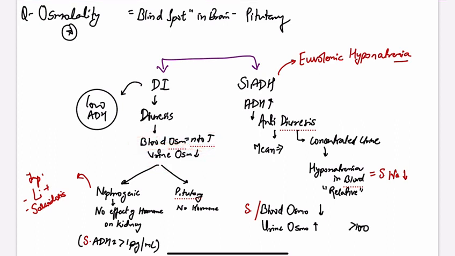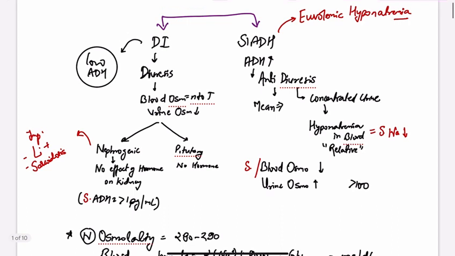Okay, clear concept. Diabetes insipidus is divided into two parts: nephrogenic diabetes insipidus and pituitary, meaning central, diabetes insipidus. In pituitary diabetes insipidus there is no hormone. The hormone is not synthesized, but in nephrogenic diabetes insipidus the effect of the hormone is not present.